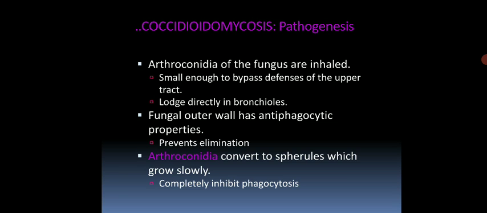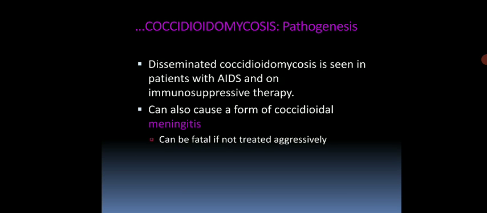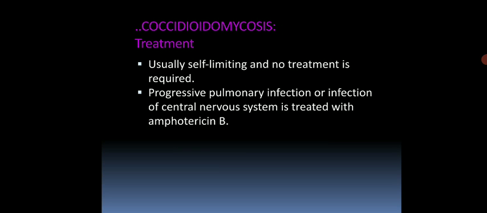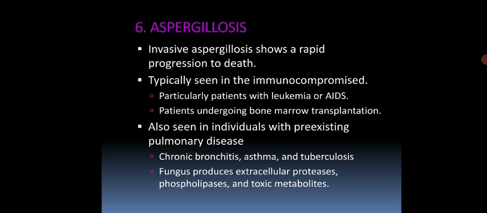In disseminated disease, which is mostly seen in HIV patients, it can also cause meningitis. It is usually self-limiting and no treatment is required, but progressive pulmonary infection or infection of the central nervous system is treated with amphotericin B.